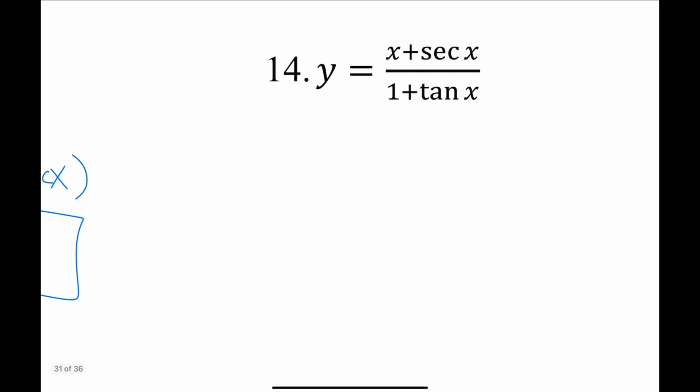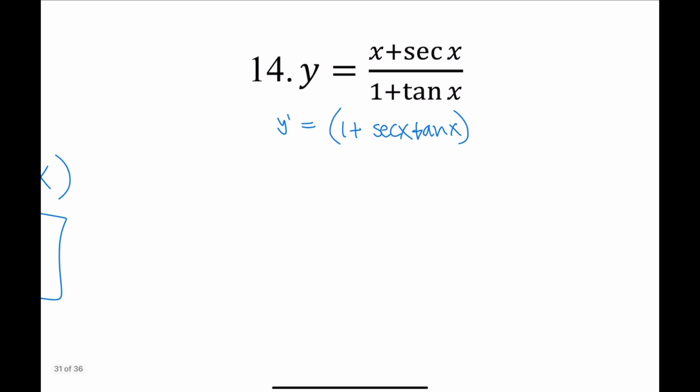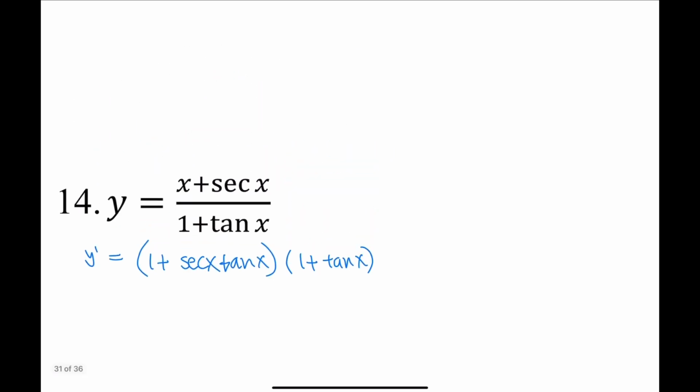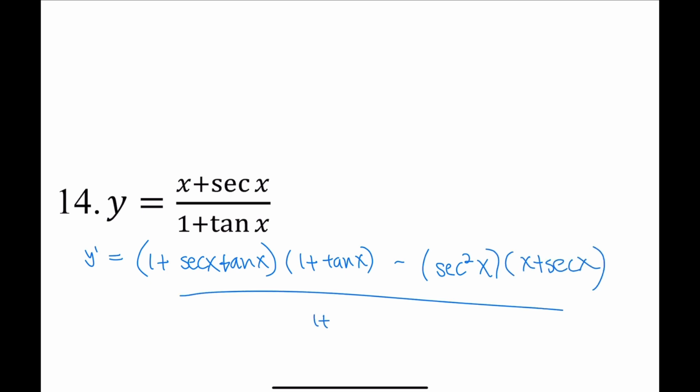So y prime equals 1 plus secant x tangent x times 1 plus tangent x, right? And then minus secant squared x times x plus secant x all over 1 plus tangent x squared.